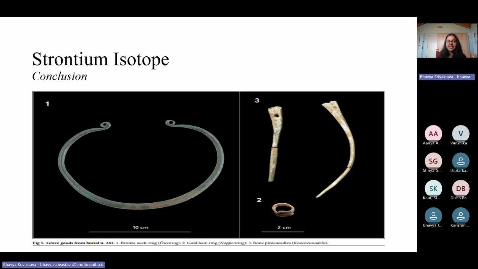So the interpretation of this study was that these objects might have been gifted to her as a token of marriage, or when the woman came from a different region, she brought her ancestral goods with her, and then she was married to a different clan, and during the time of marriage, she would have received these goods, which were more local. And that is how, with the aid of the isotopes as well as the archaeological objects, by taking both into consideration, the researchers were able to trace her individual biography.